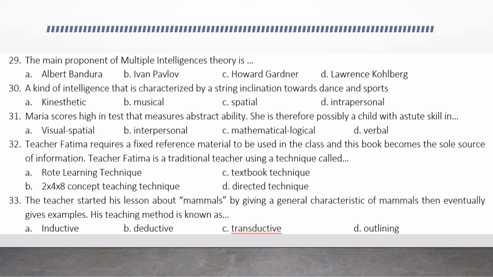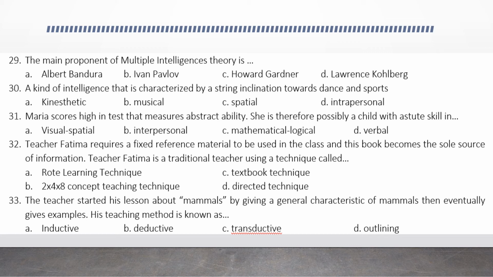31. Maria scores high in tests that measures abstract ability. She is therefore possibly a child with astute skill in, take note, abstract, that's logical. Letter C, mathematical, logical. Okay?